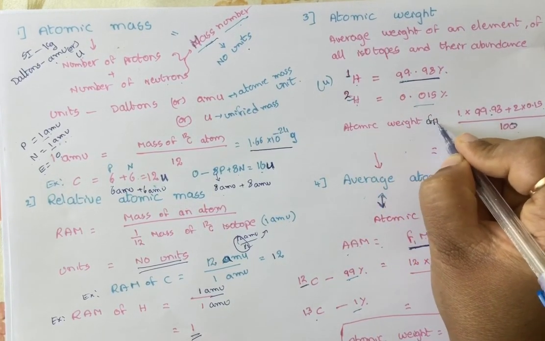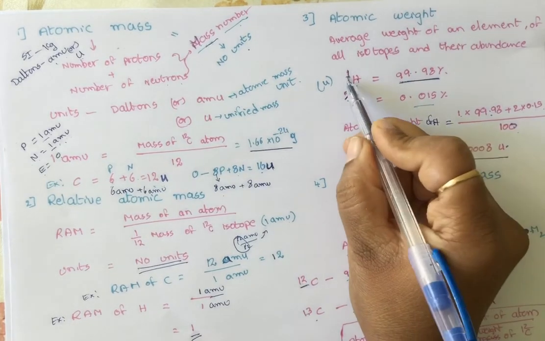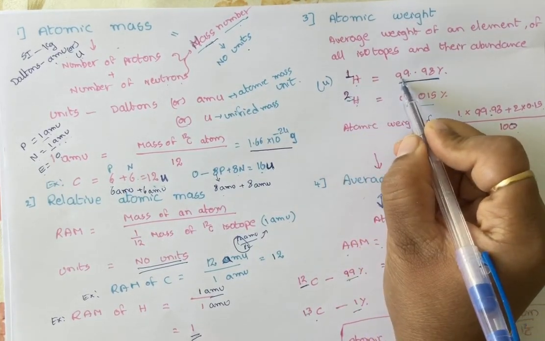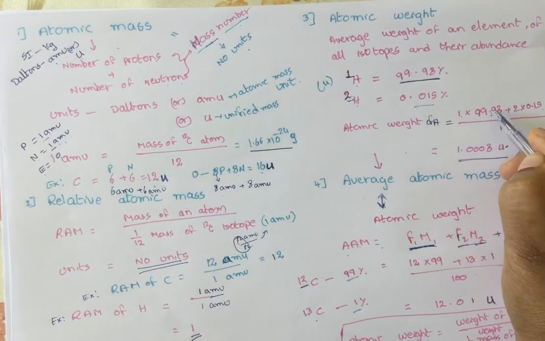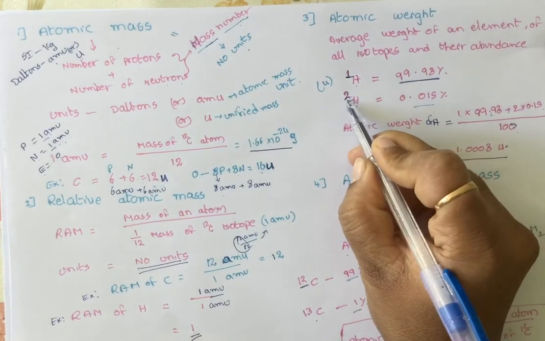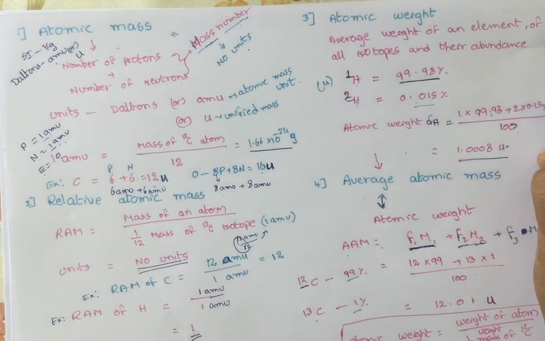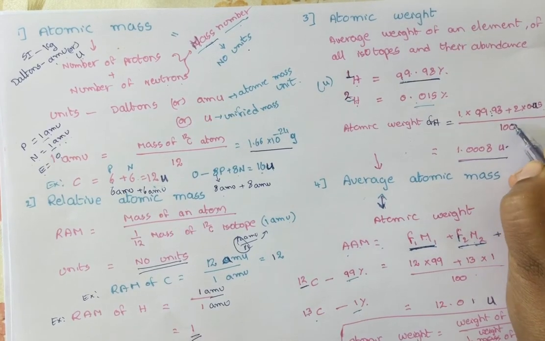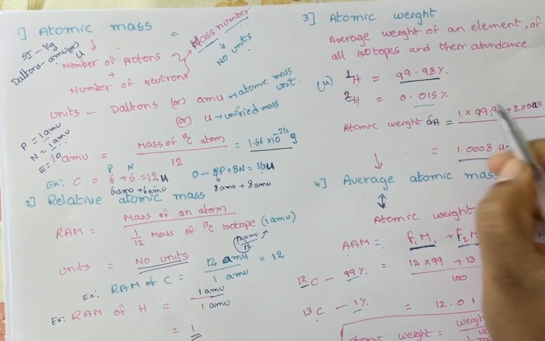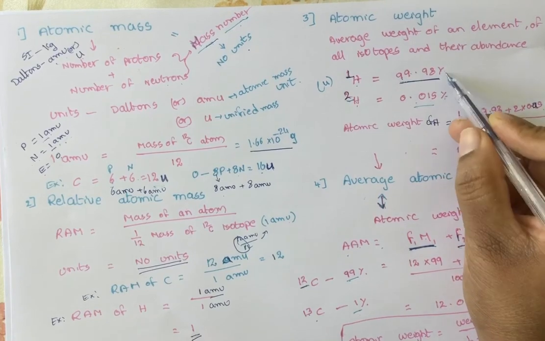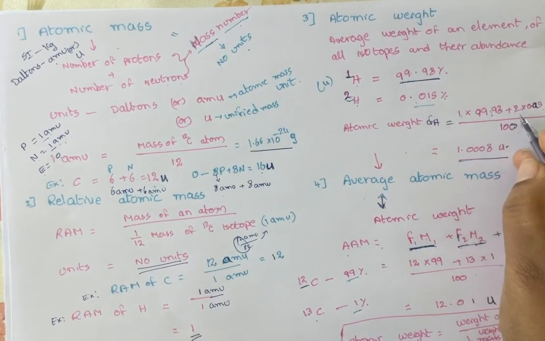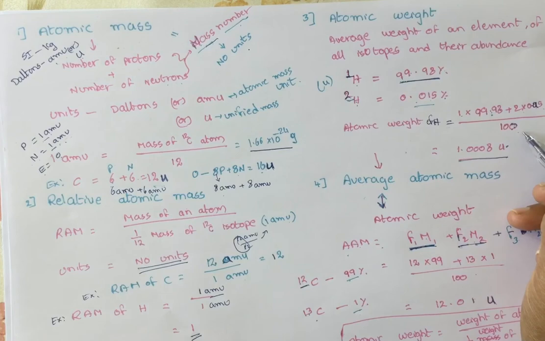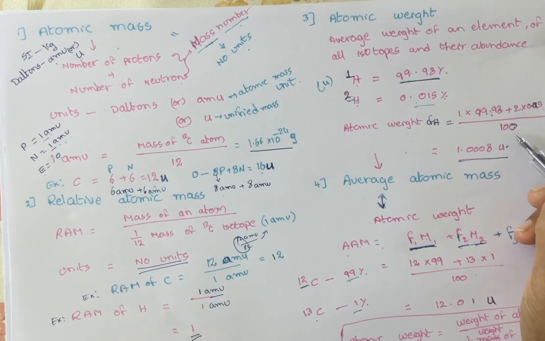Simply, I multiply mass with its abundance: 1 multiplied by 99.98 plus 2 multiplied by 0.015. And it should be divided by 100 because abundance is expressed in percentage. So to convert the percentage, you divide the whole thing by 100.